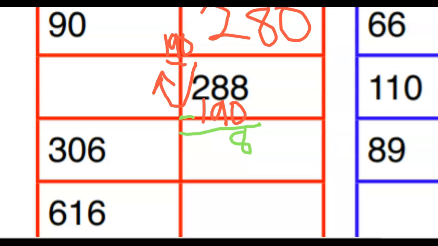There's more on the floor, so I need to go next door, borrow 1, and bring 10 next door. 18 minus 9 is 9. 1 minus 1 is 0, but I do not have to write that 0. So the answer is 98.